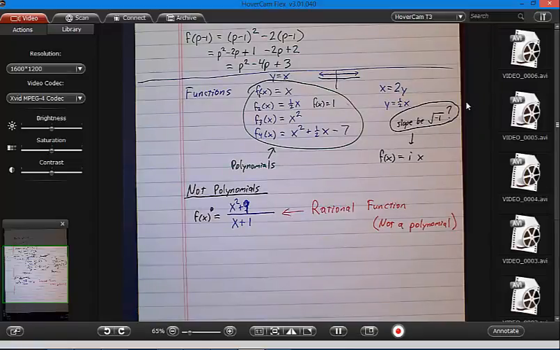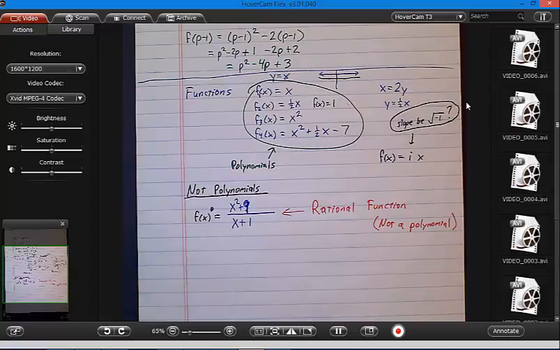One of the reasons I like this example, you may have seen when I was flashing through the book, it talked about function, and the very first thing it talked about was domain and range. Polynomials are kind of boring when you talk about domain. The domain of a polynomial is any real number.